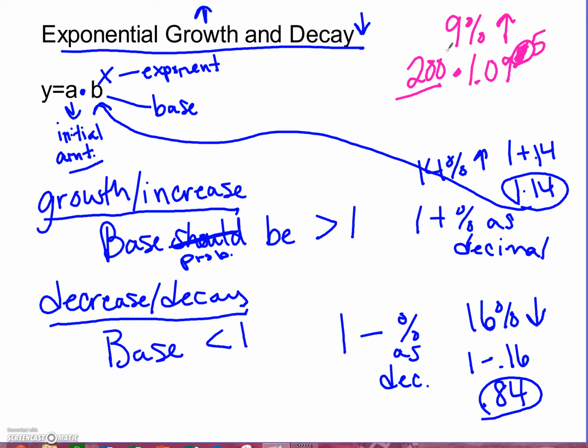And since I'm dealing with money, you would get $307.72. Okay, so this is going to show you how much growth I am going to have after I leave so much money in the bank. These are your real life applications of these exponents. All right, so there's an example of that.